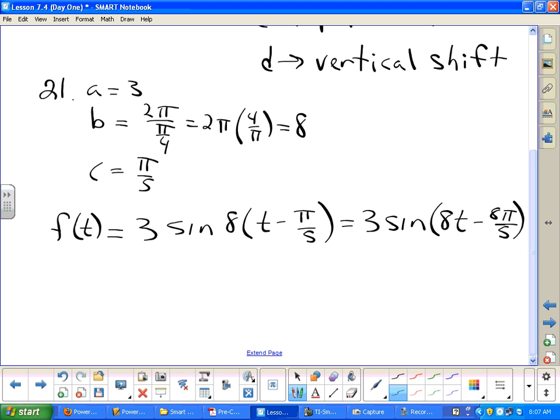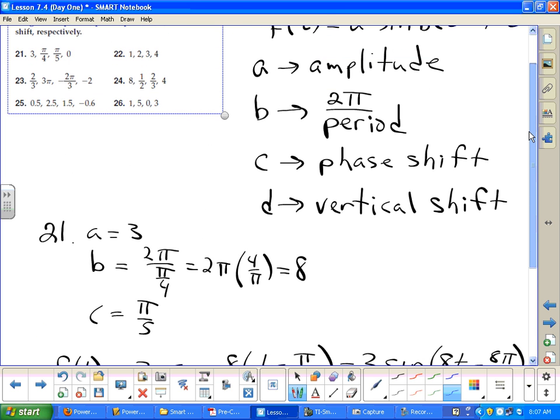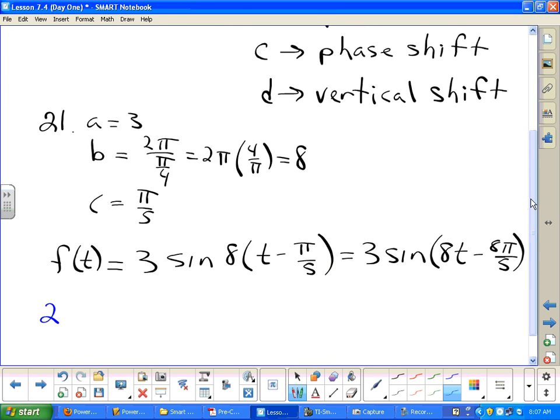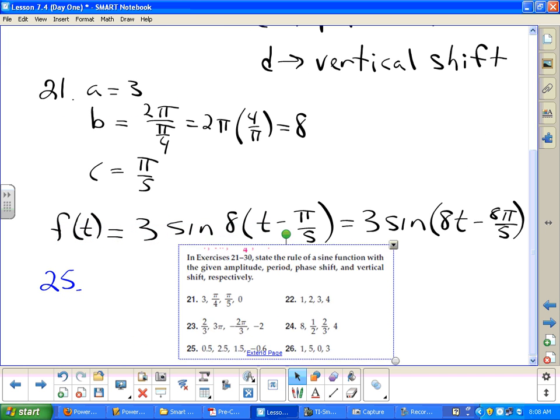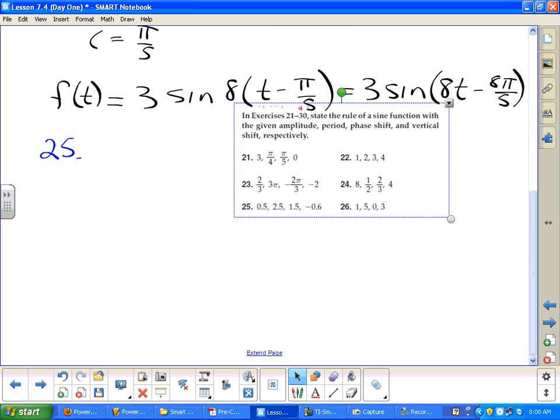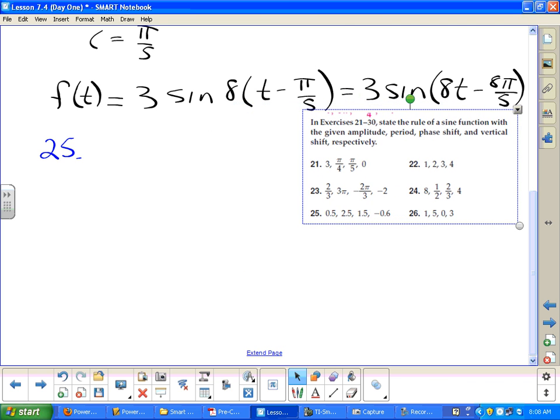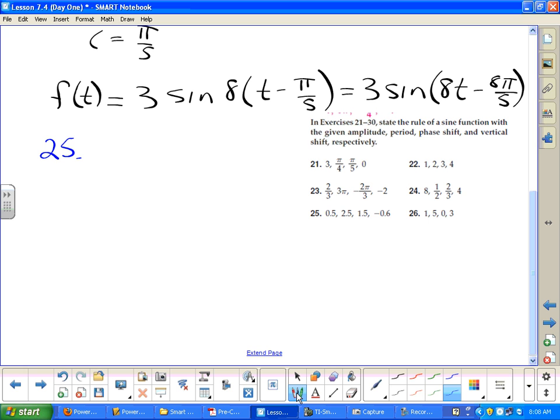One more. So let's do 25. All right, let me pull this down so we can see it. Okay, so in 25 then, A is 0.5.